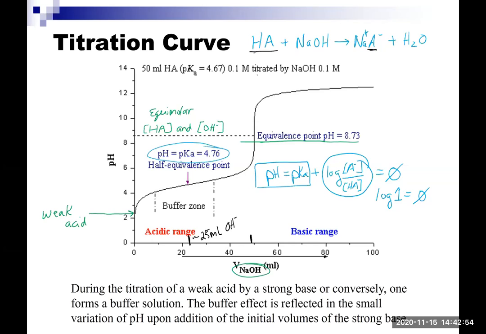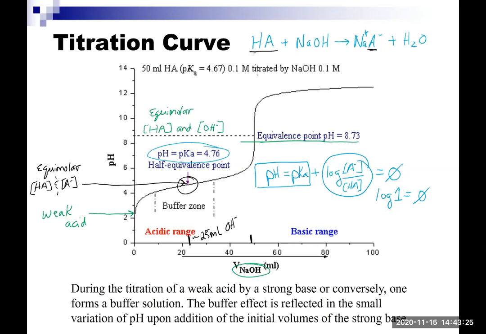At this point, where we've added approximately 25 mL of OH-, that's where we have 1/2 the equivalence point, and it is here that we have equimolar HA and A-, the conjugate acid-base pair.